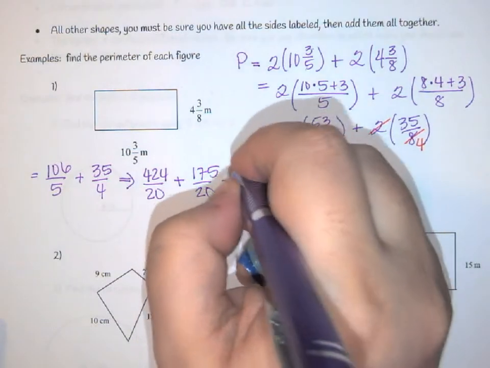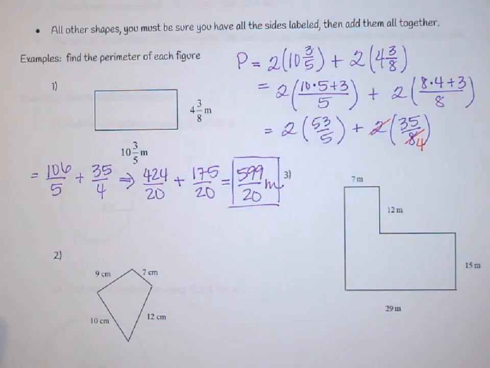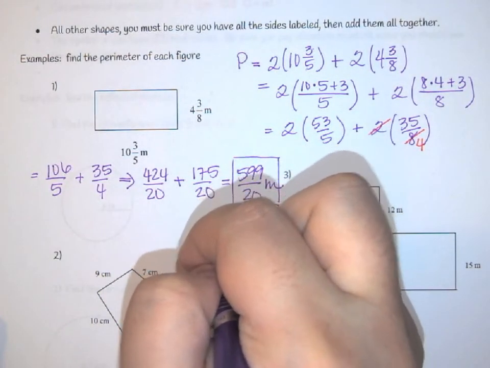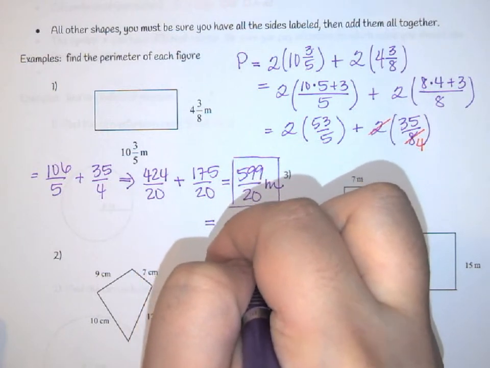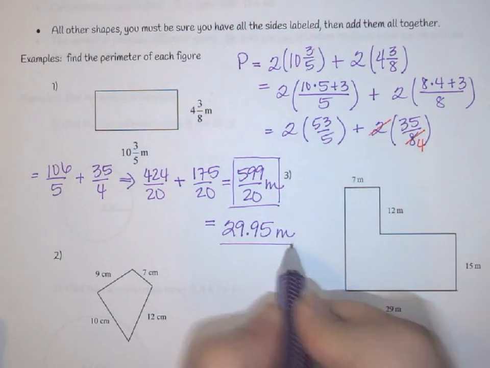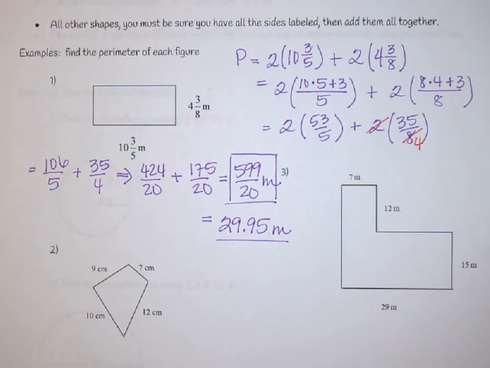Now this would be a fractional answer. The other thing that we can do is you could simply divide it out, which means we could also say that this was 29.95 meters. And that would work as well. So this is going to come down to, are you asked to keep it exact, or are you asked to give an approximation in decimal?